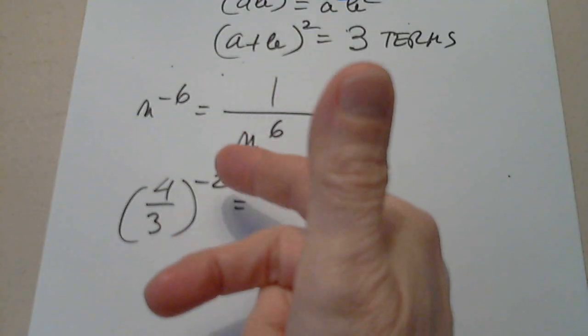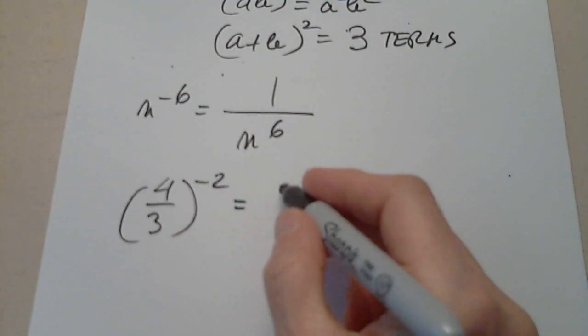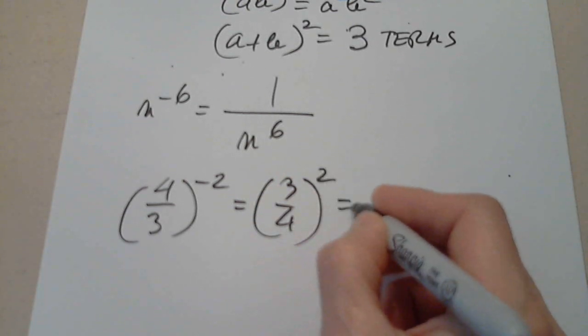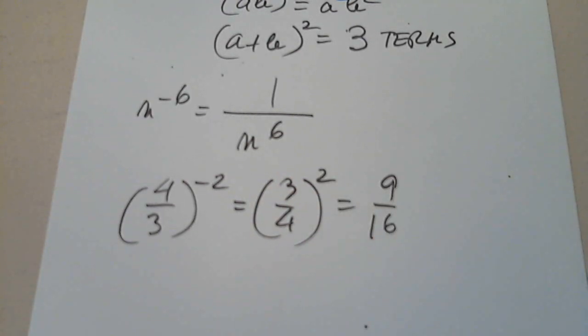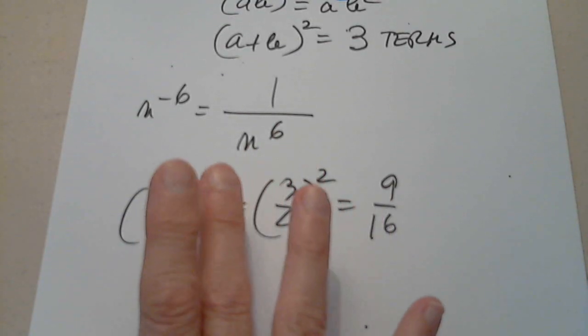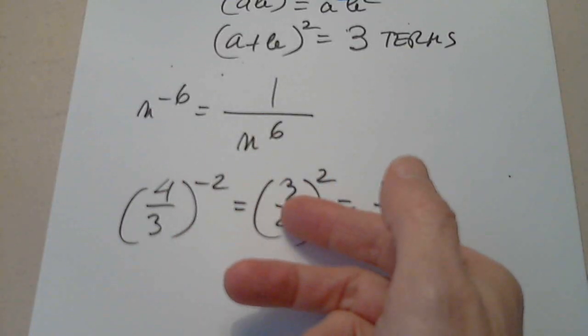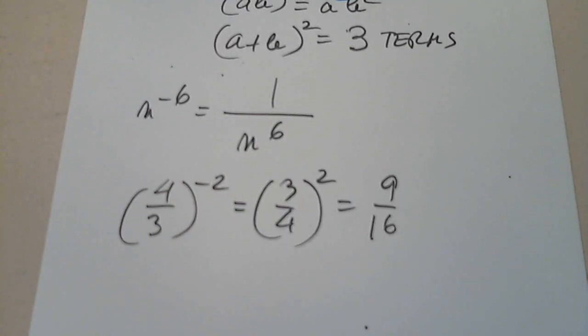We flip the fraction and change the power to positive, which becomes 9/16. We flip the fraction and the power becomes positive. If the power is positive from the beginning, you cannot flip anything. But if the power on a fraction is negative, we have to flip the fraction and change the power to positive. Good.